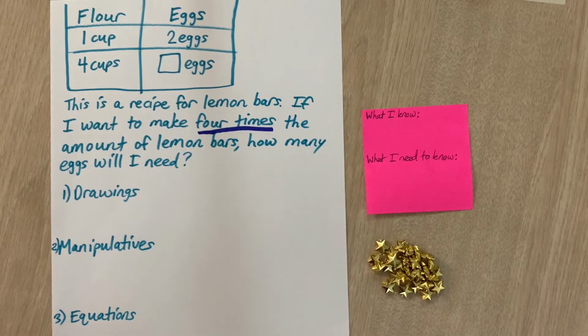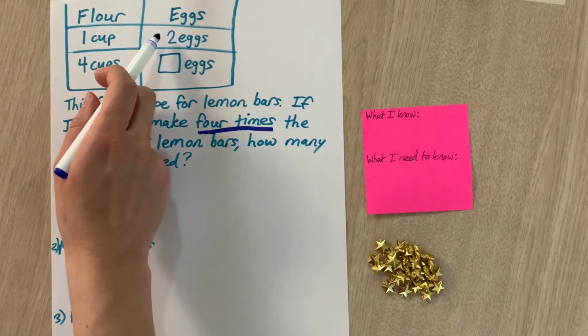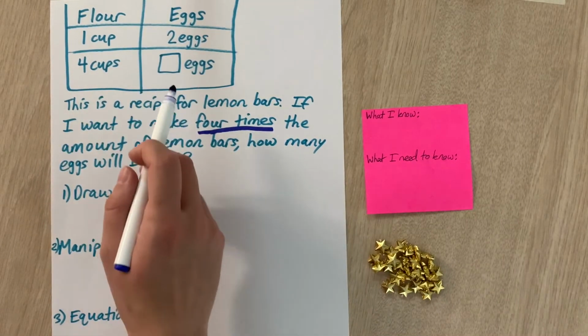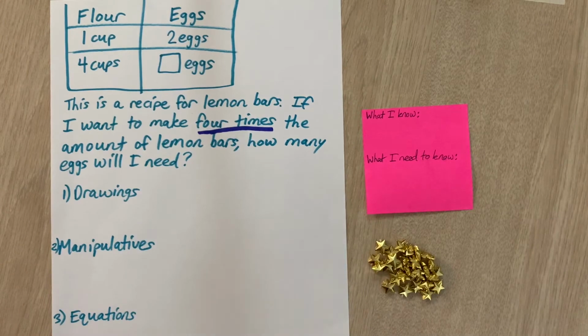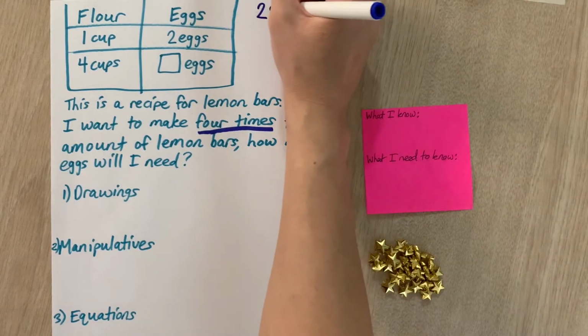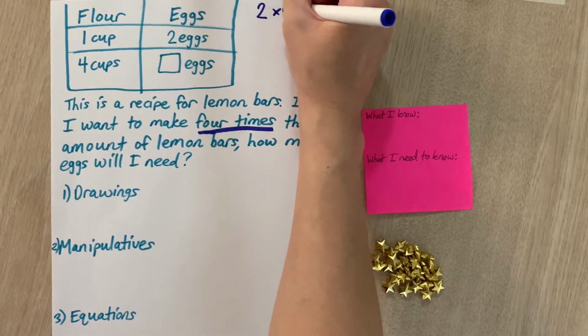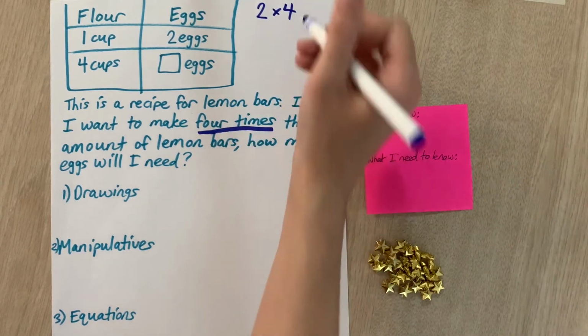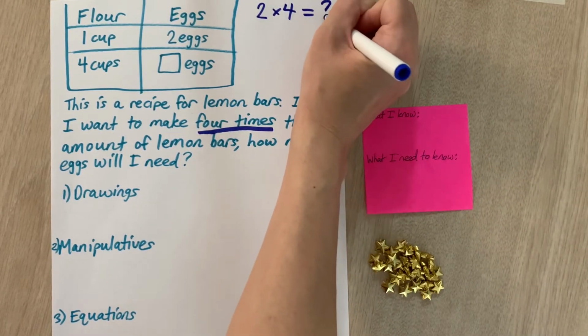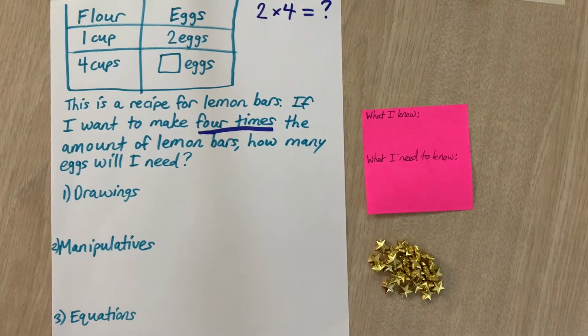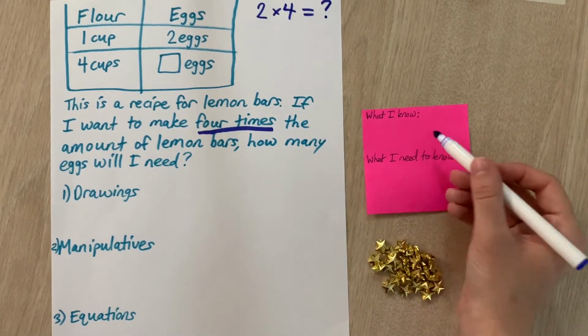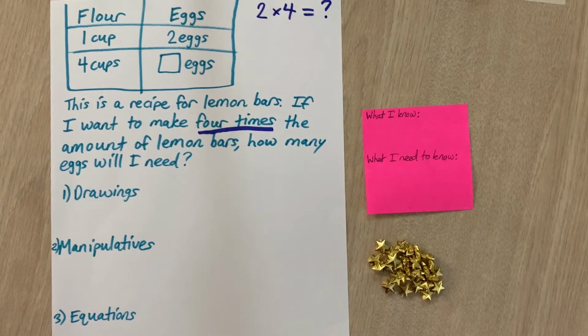Okay, so we know that we're going to have to multiply 2, because 2 eggs, by 4 to get the number of eggs that we'll need total. So I'm going to write 2, because 2 eggs, times 4, because 4 times, equals, and then I'll write a question mark. Okay, so we have our what I know section on the paper.